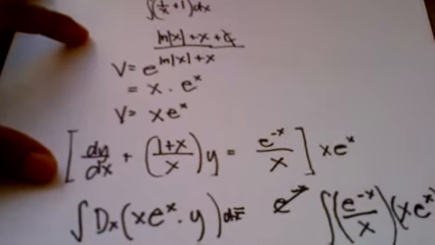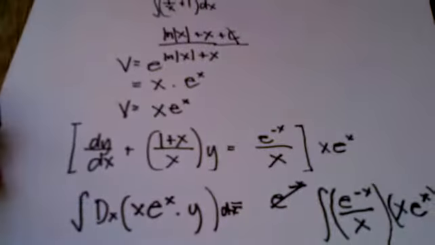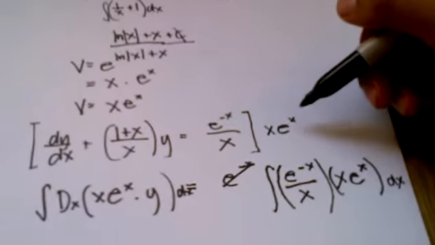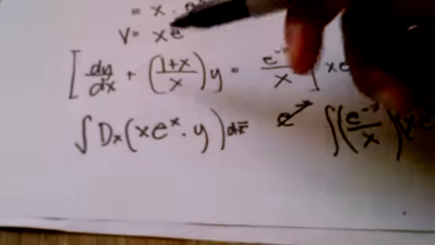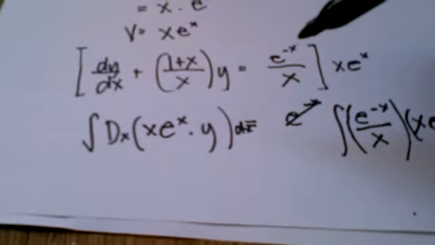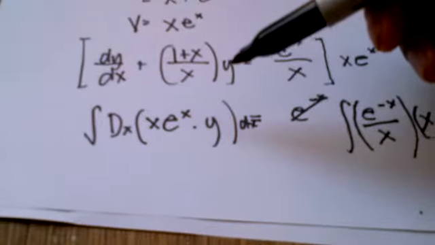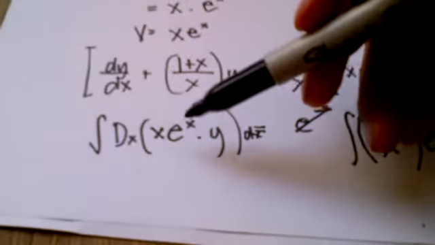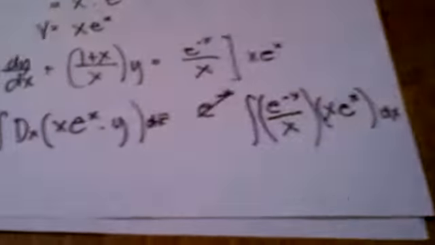Then by multiplying the integrating factor to the standard form, and then the last step is integrating the derivative with respect to x of the integrating factor times the dependent variable.